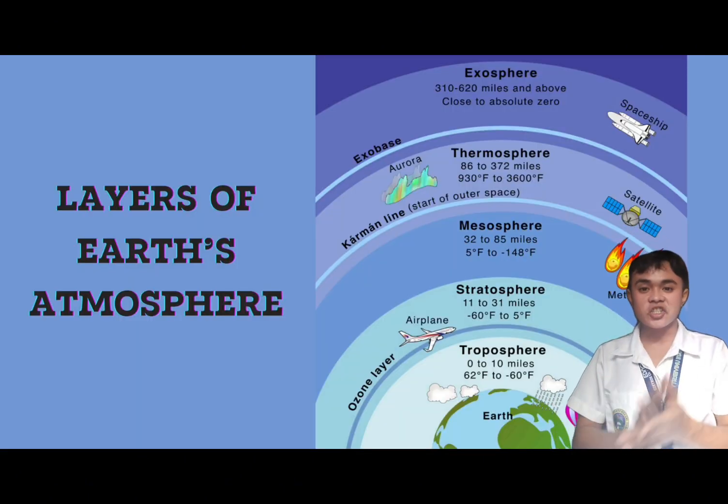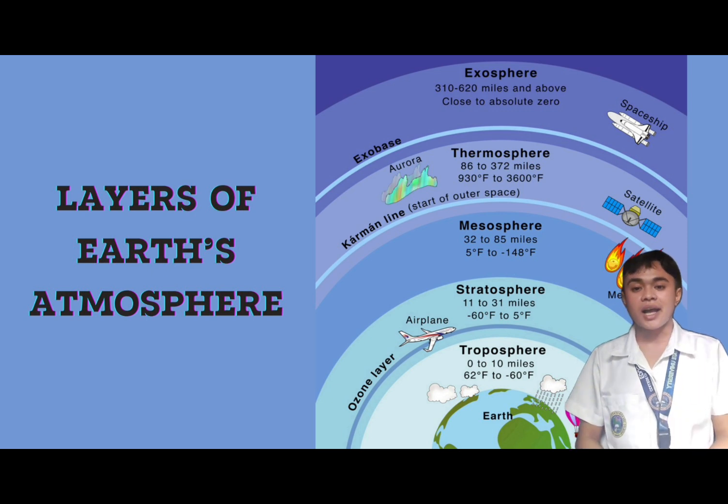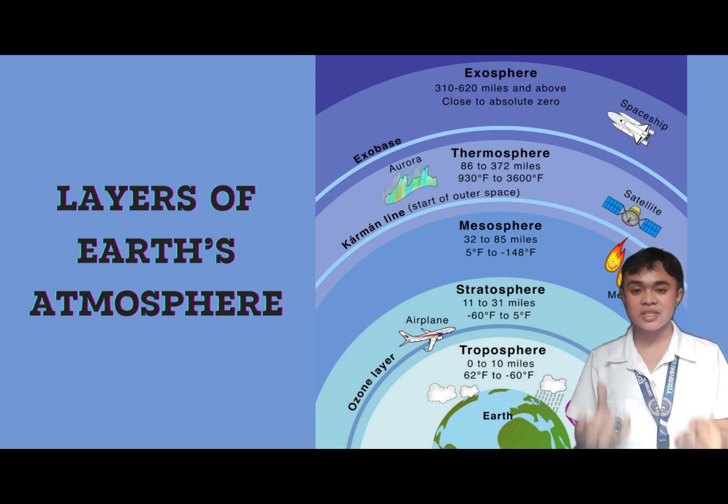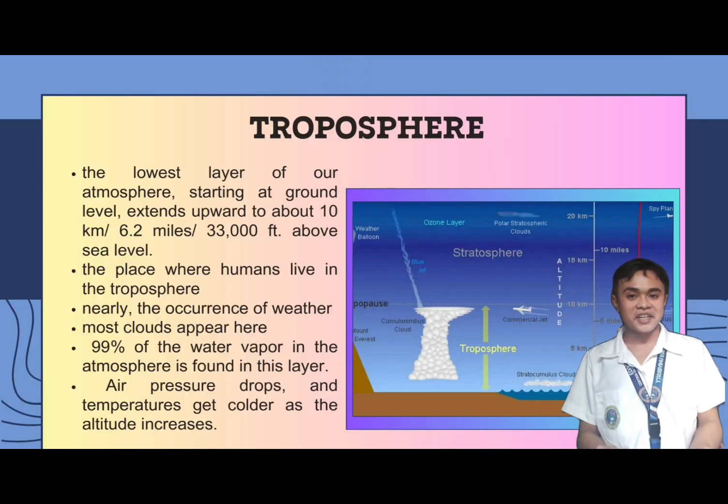The next is the structure of the atmosphere. Earth's atmosphere has a series of layers, each with its specific traits, namely the troposphere, stratosphere, mesosphere, thermosphere, and exosphere. So the first layer is the troposphere.